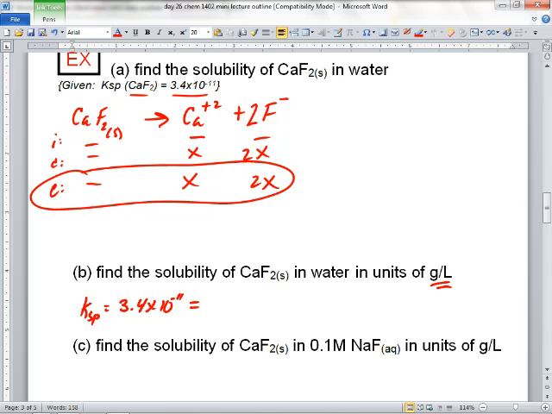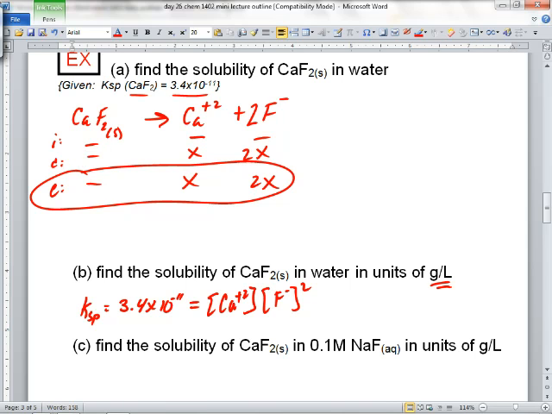What I'm after is don't write in terms of x's right now. Write the complete KSP expression. In brackets. And then, good, F minus squared.